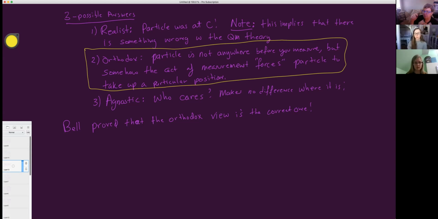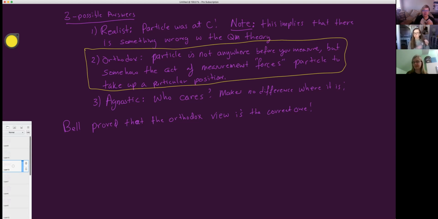Look at the curve of the probability that we had on the previous slide. You could measure it at c, and then it might be way over on the other side of the universe the next time you measure it, because there's probability that it could be out there, right? I know what you're saying. It's like, well, couldn't we just reconstruct where it is somehow? But that's just not how it works.